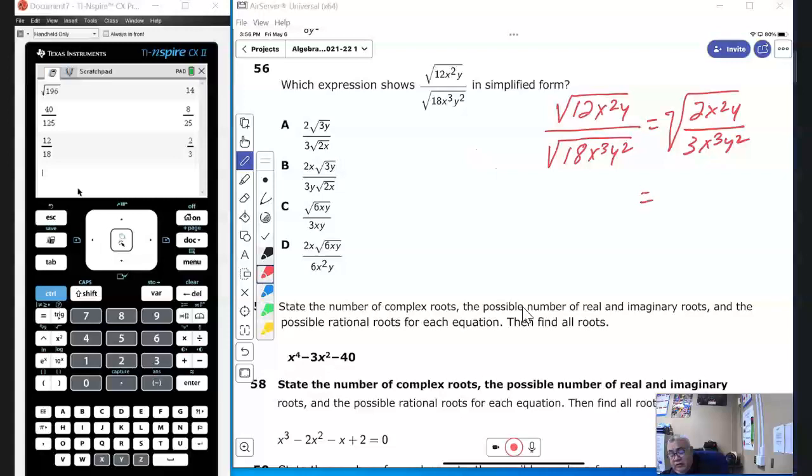We know that x squared divided by x cubed is x in the denominator, and then y over y squared is y. So you have the square root of 2 over 3xy.